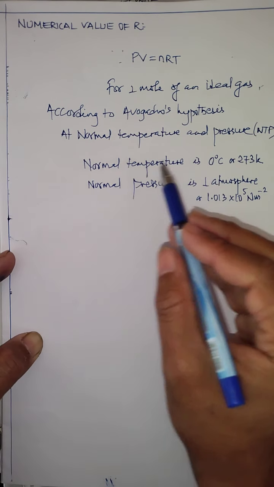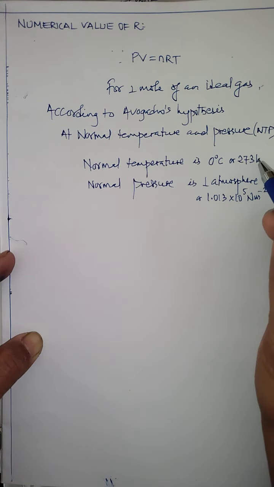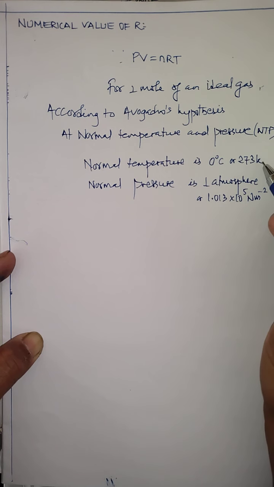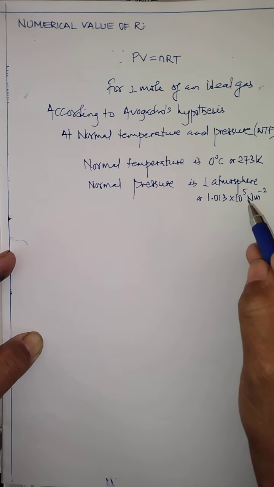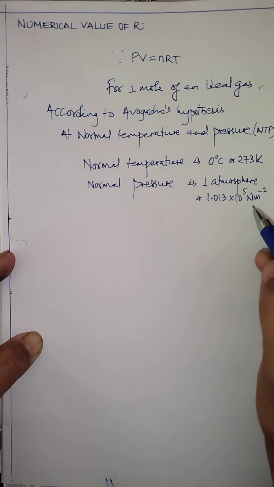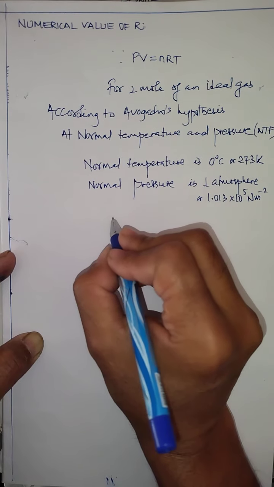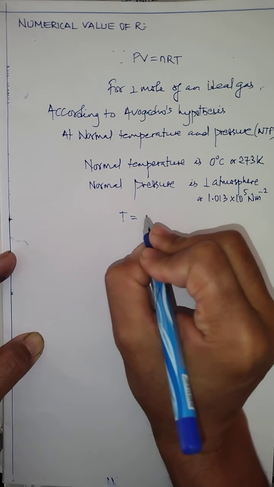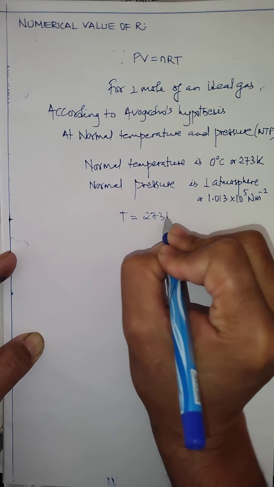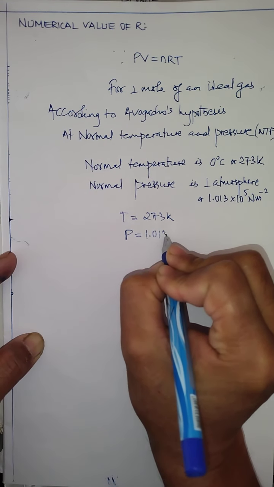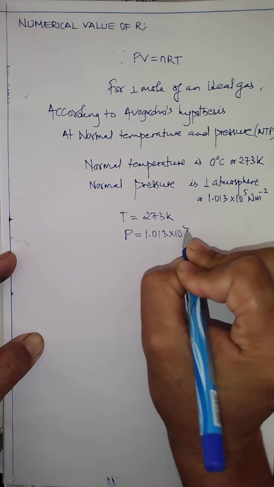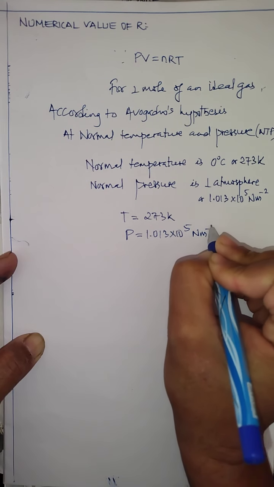So I am writing these values of T and P in SI units, because Kelvin is the SI unit of temperature, and Newton per meter square is the SI unit of pressure. Your temperature is 273 Kelvin, and your normal pressure is 1.013 into 10 to the power 5 Newton per meter square.